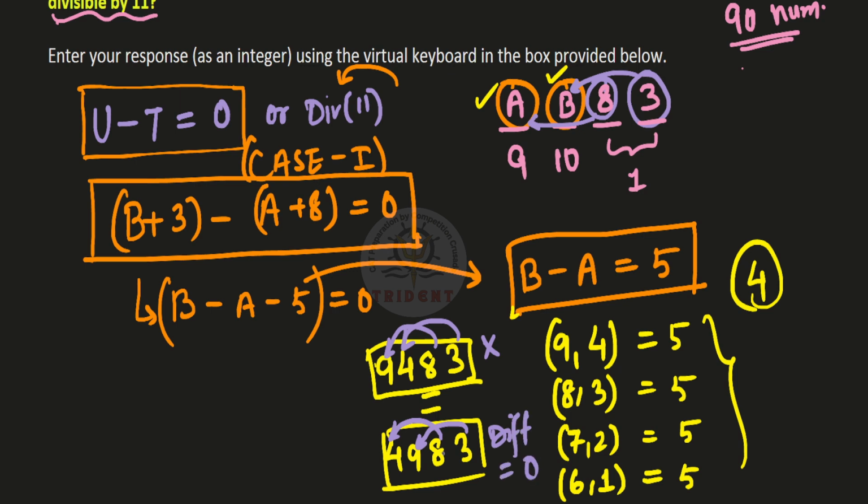Now because the difference is equal to 0, this number is divisible by 11. So 4983 works, in BA order paired. So 4 numbers we have been able to calculate. Are there only 4 numbers? Let's see.